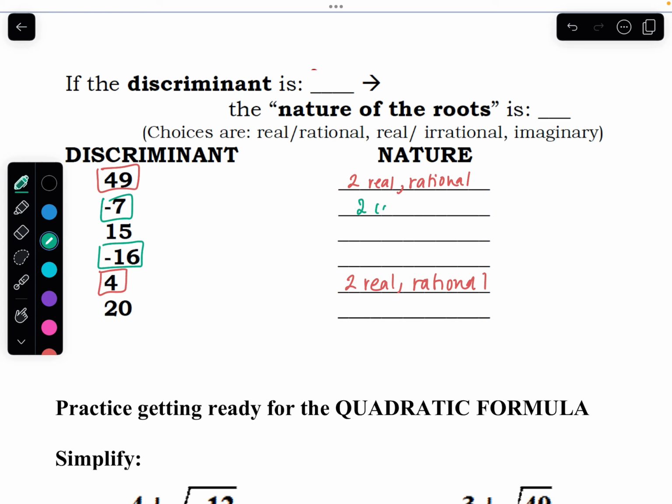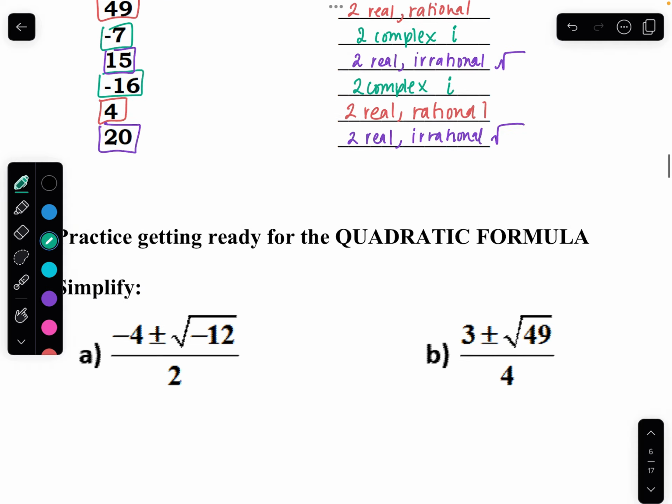They're going to be two complex solutions because of the negative under the radical. Then 15 and 20 are positive, but they're not perfect squares. So we're going to have two real but irrational solutions. In this case, you're going to have a square root in your final answer. And in the case of the complex solutions, you're going to have i in your final answer.